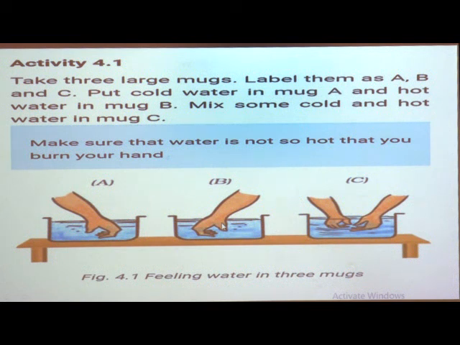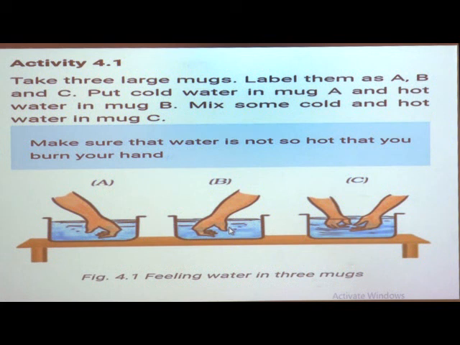See here, in the first jar A the left hand is kept, in jar B the right hand, and in jar C both hands are kept. Whenever you keep your hand in cold water, you will feel the coolness of that water. Then whenever you keep your hand in B water, you can feel the hotness of that water.